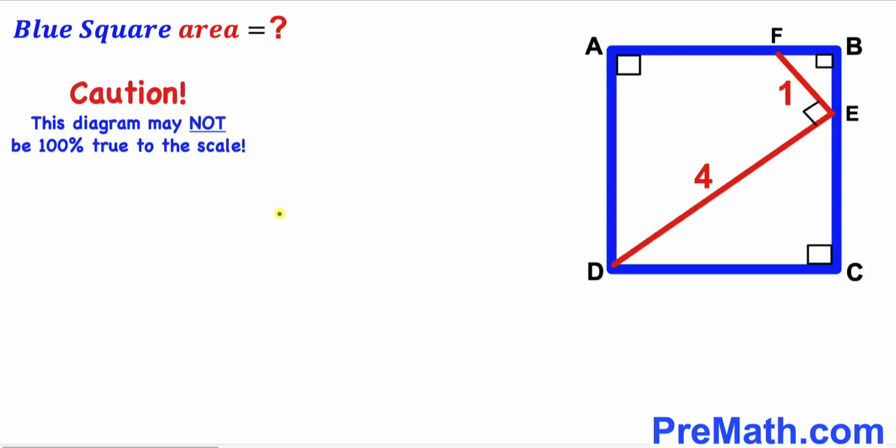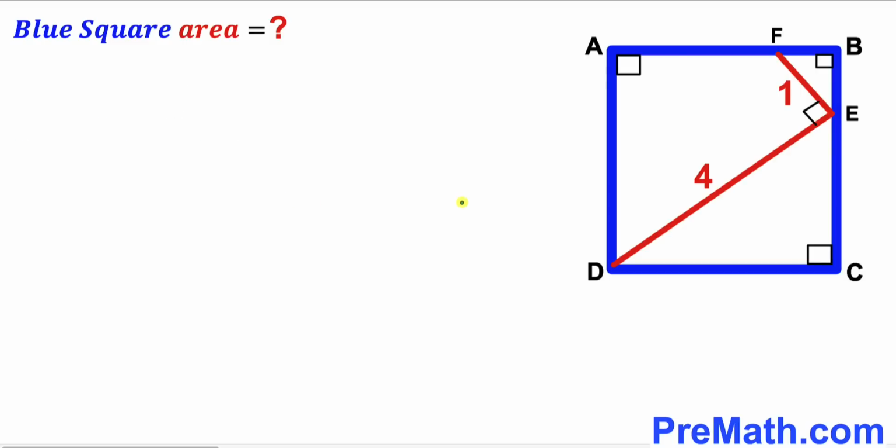Please keep in mind that this figure may not be 100% true to scale. Let's get started. Here's our very first step. We are going to label the sides of this blue square. I'm going to label this one as lowercase a, and all the sides are going to be lowercase a as well. Moreover, I'm going to label this tiny segment BE as x units.